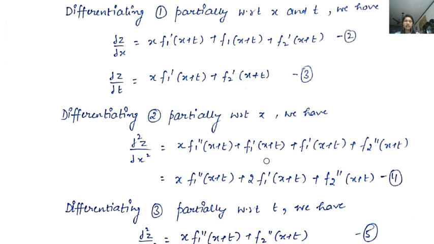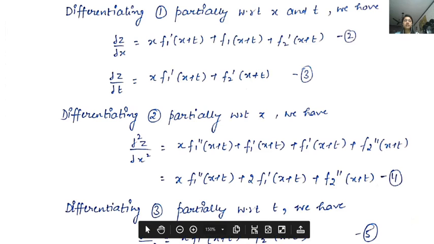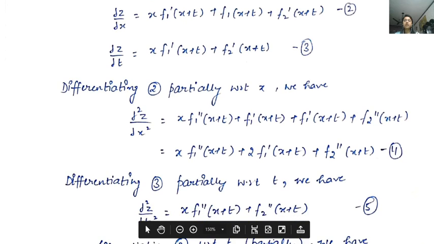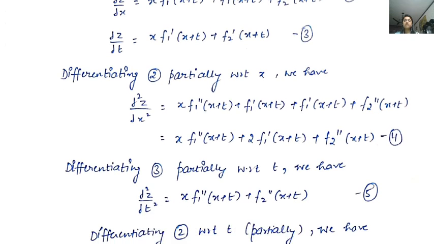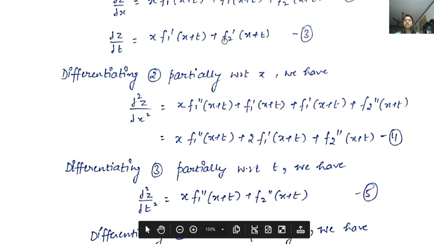On adding these terms, we have ∂²z/∂x² equals this, as given by equation 4. Now differentiating partially equation 3 with respect to t. When we differentiate it with respect to t, we have ∂²z/∂t² equals x is constant as it is, then f1''(x + t) plus f2''(x + t).